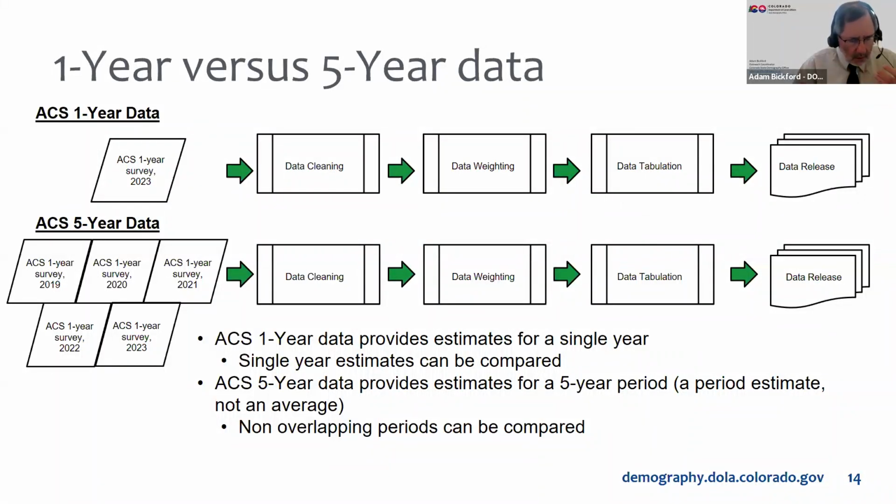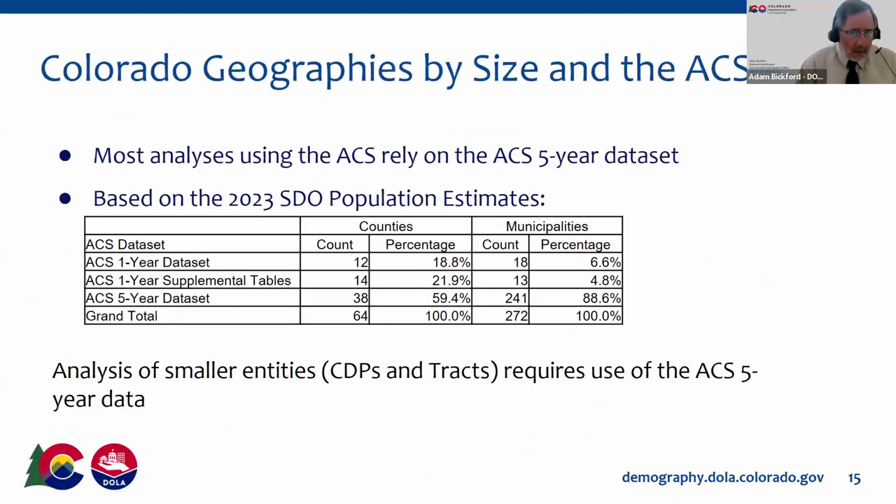This is entirely a function of the sampling design for the American Community Survey, and it's designed to provide annual estimates for larger locations and period estimates for smaller locations. This shows why we end up using the 5-year American Community Survey for almost everything.